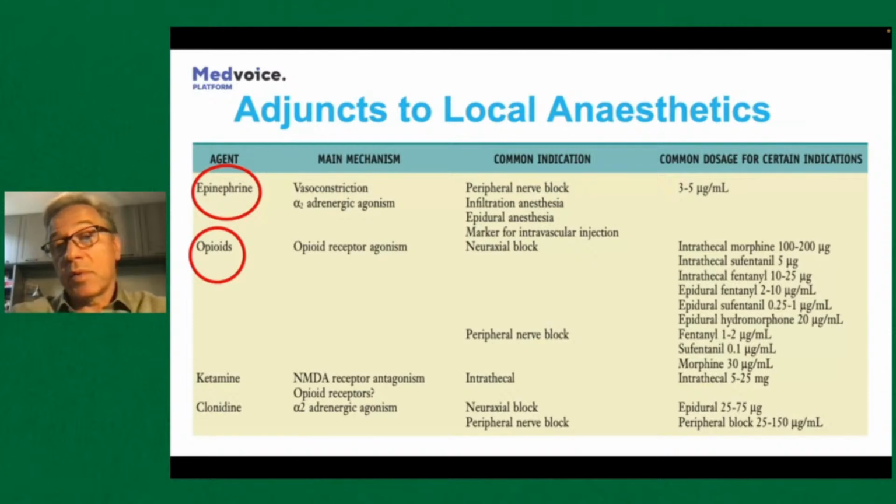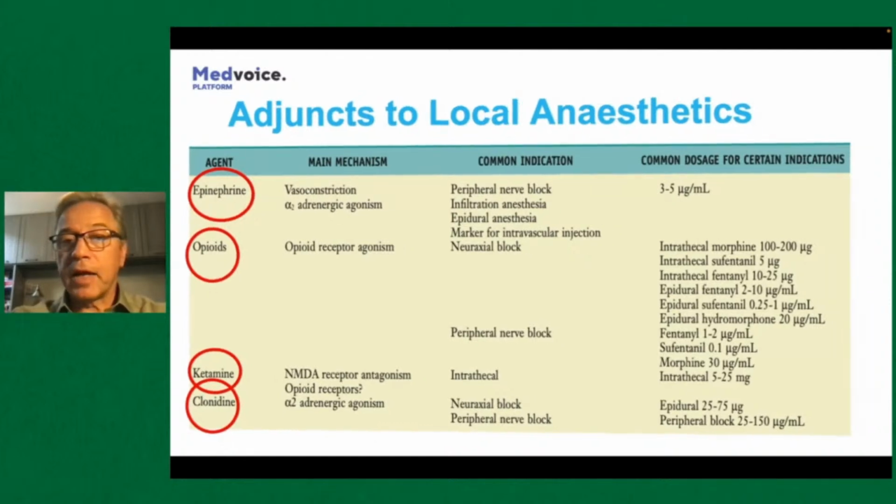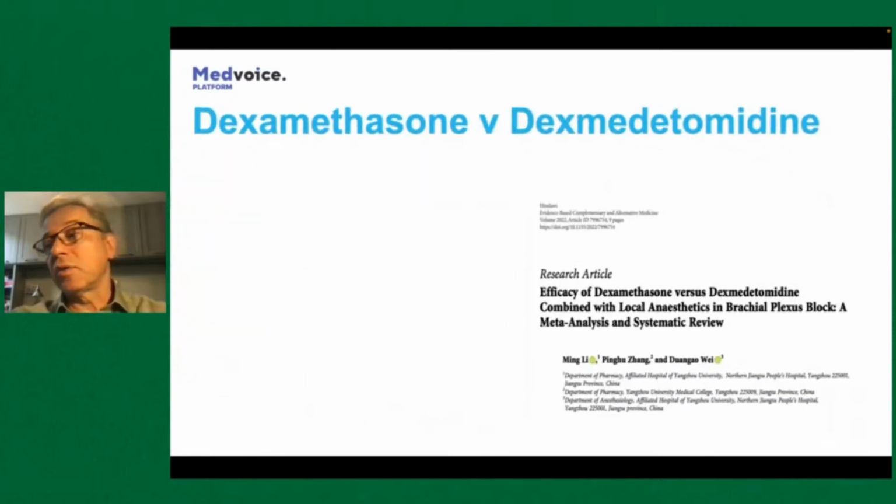You can use opioids in peripheral blocks as well. We can use ketamine, that's been used, particularly intrathecally. And then clonidine was used quite a lot in the past with neuraxial blocks, peripheral nerve blocks, and epidural blocks. Although, as you know, clonidine causes sedation.